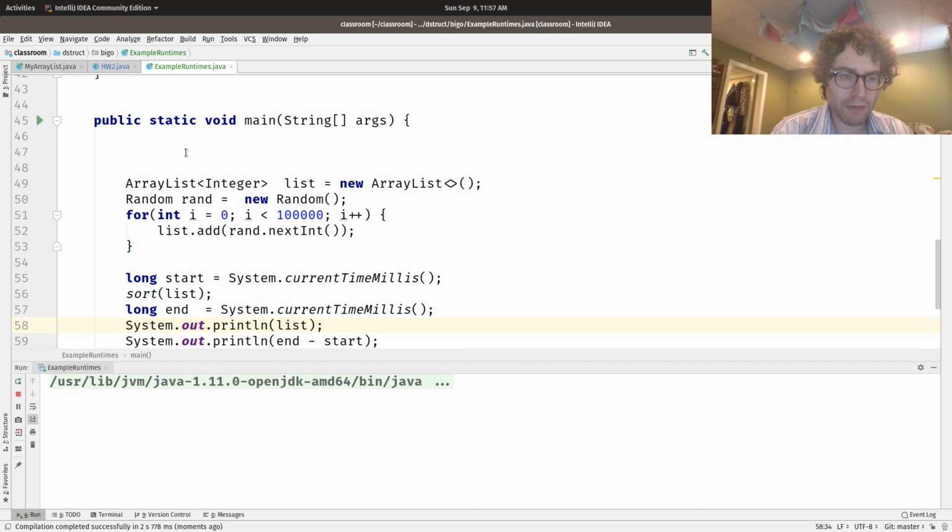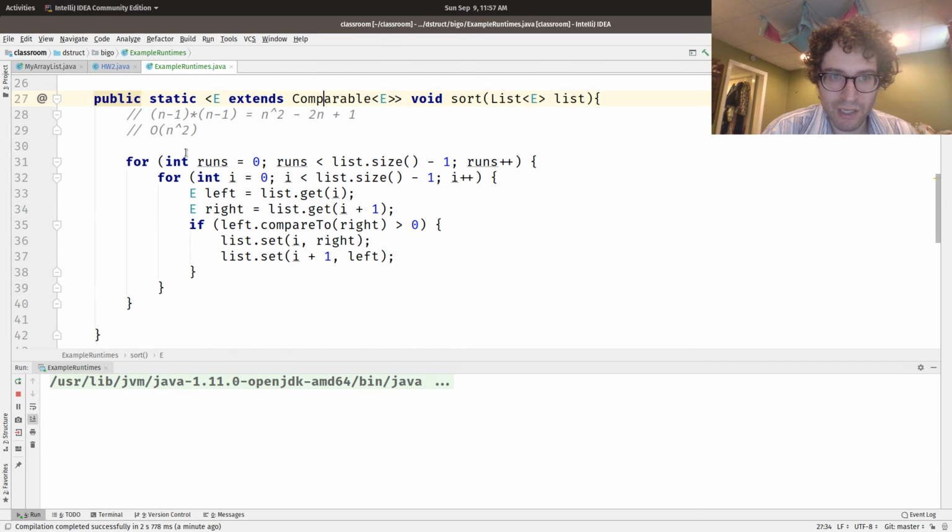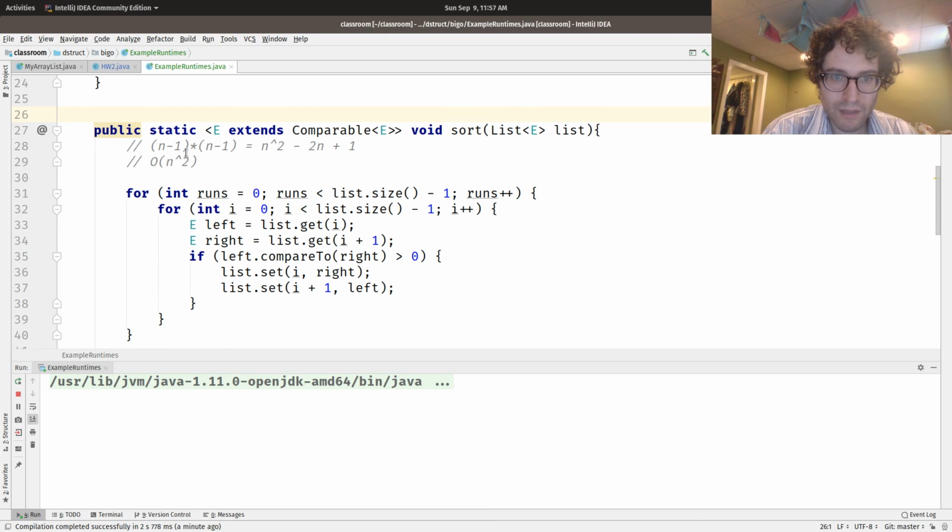And the reason is because by increasing it by 10, we're not multiplying the amount of work we have to do by 10. We're increasing it closer to on the order of about 100 times. And the reason for this is that when we add another item to sort, we essentially add another layer, right?